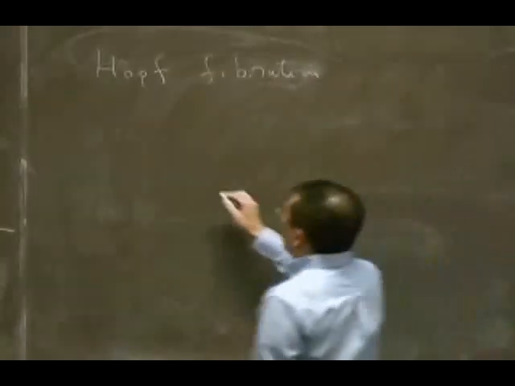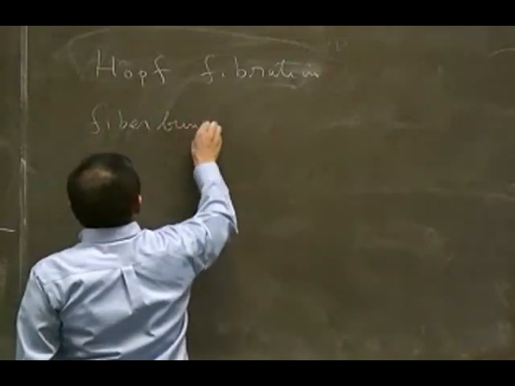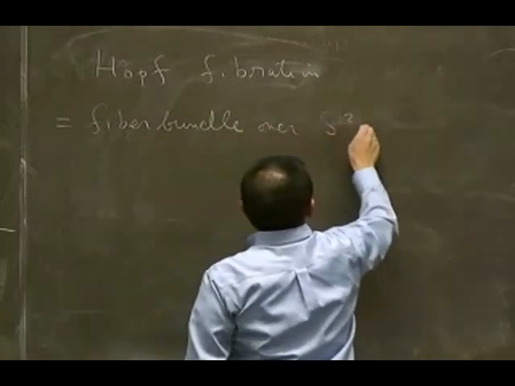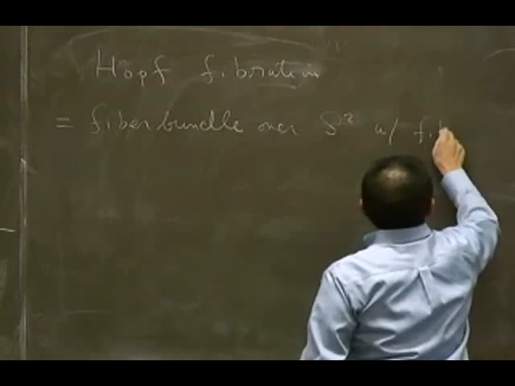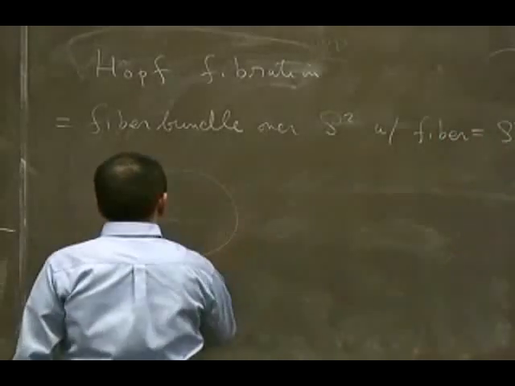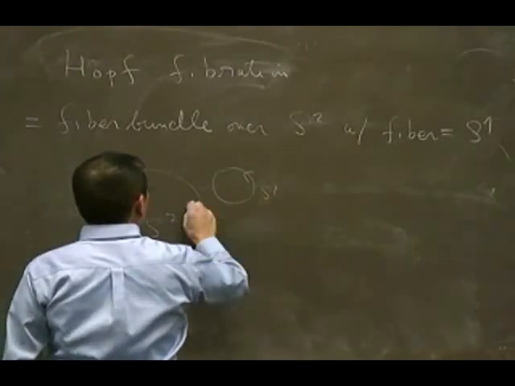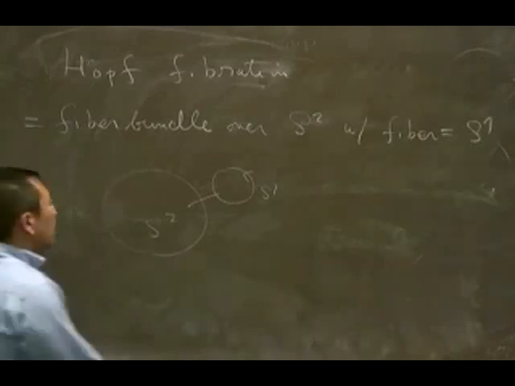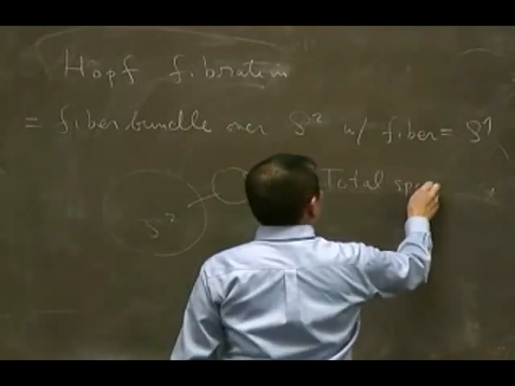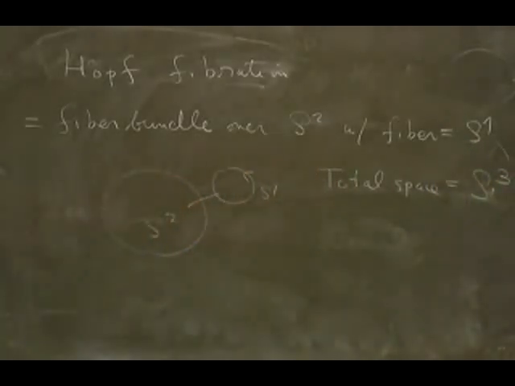That was a fiber bundle over S2 with fiber being S1. So you have a two-sphere with S1 fibered over it in such a way that the total space is S3. So that was the Hopf fibration.